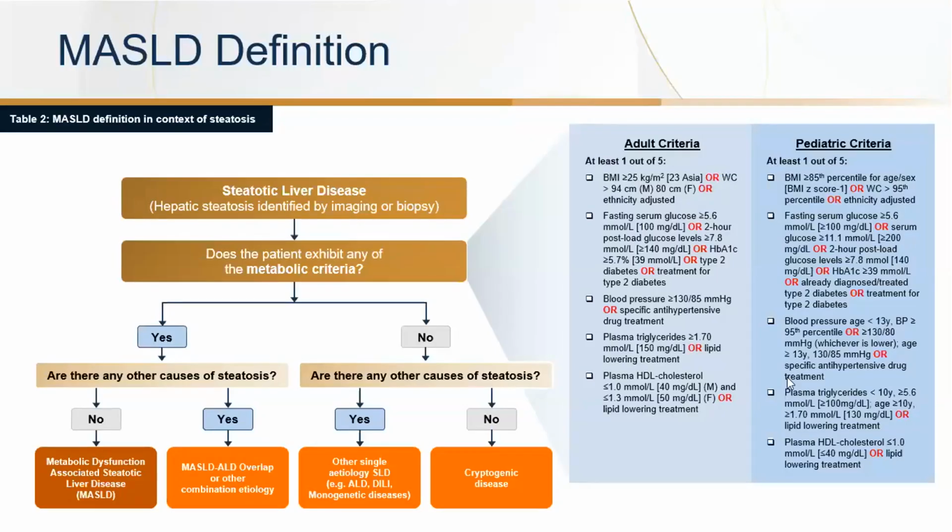If they do not have any metabolic risk factors, you're going to go over to the right and think about, are there any other causes? Did they start a new medication? We also want to rule anything else out. That's why we do our broad chronic liver disease workup, to rule out those monogenic diseases. And again, if we've ruled everything else out and they don't have other risk factors, then we determine that it's cryptogenic disease.